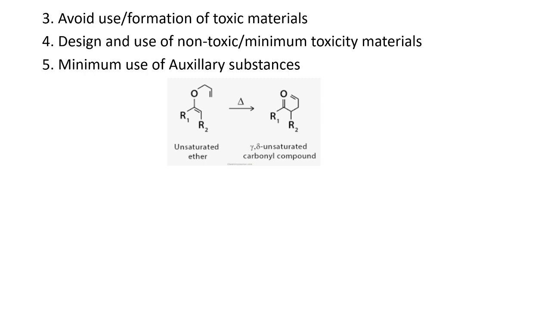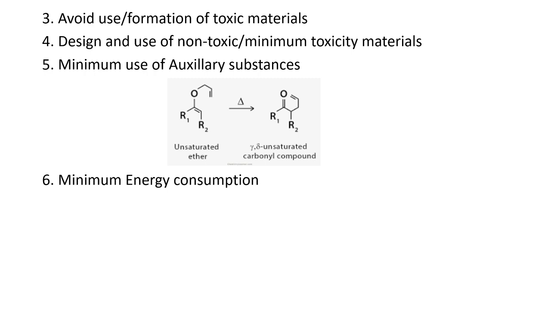So this is a rearrangement reaction, so there is no byproduct, so the atom economy is maintained, as well as there is no need to use any solvent. So that avoids the use of auxiliary substances. This is a very important principle that has to be followed while developing new technology or new chemistry.